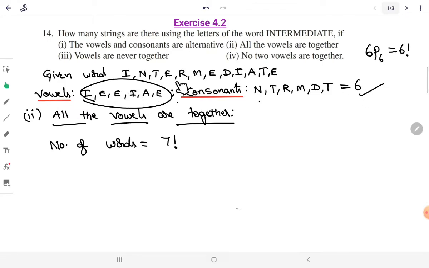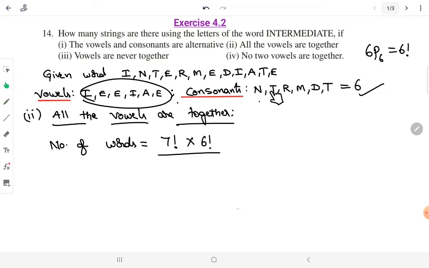So 6 plus 1 becomes 7 factorial into, now again in this one term all this I, E, A will arrange among themselves in 6 factorial ways, because these are 6 letters, whole divided by what are repeated.